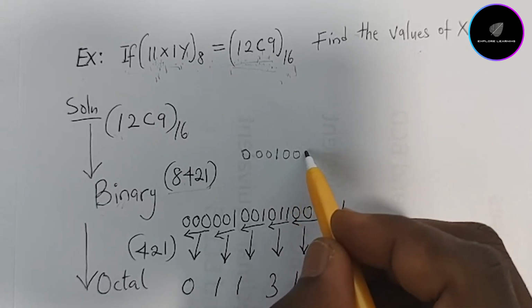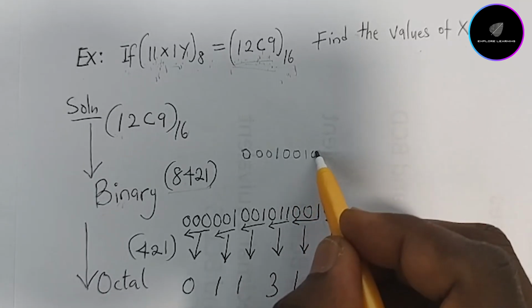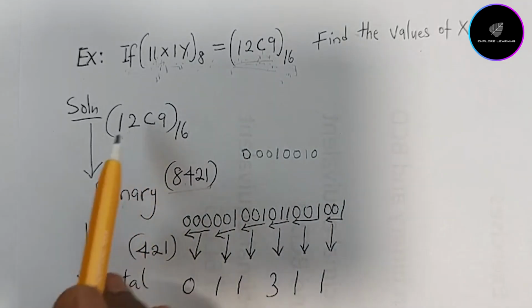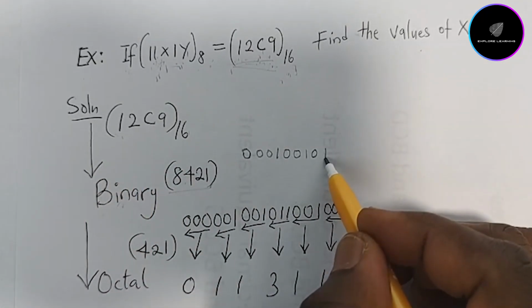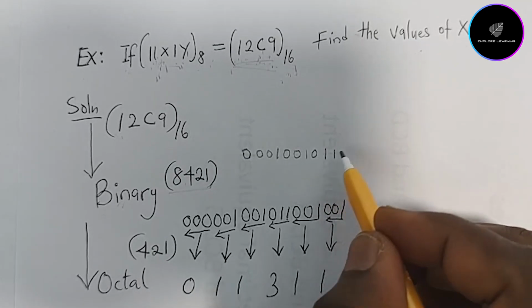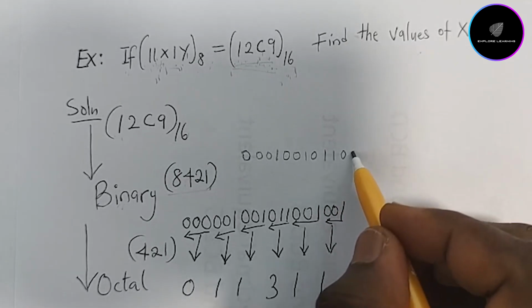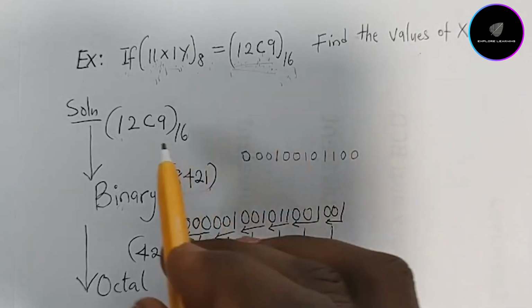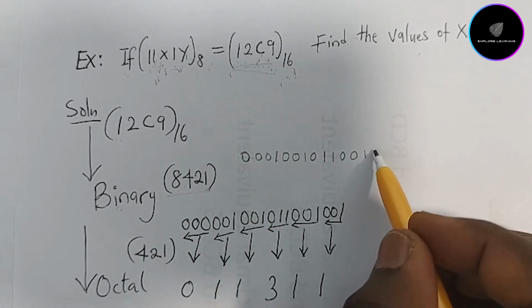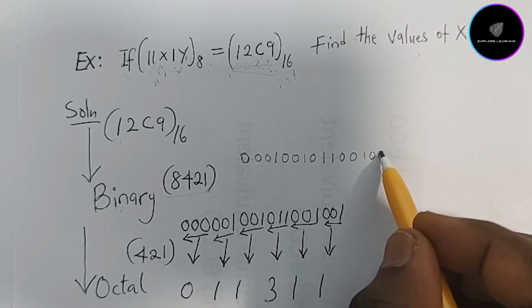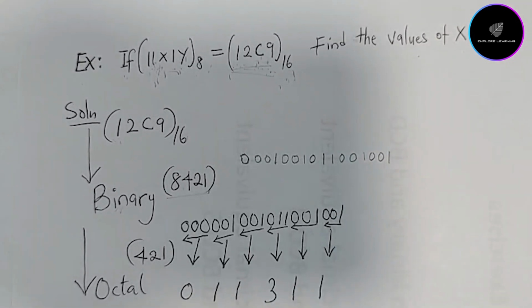C, which is 12, is going to be 1, 1, 0, 0. 9 is going to be 1, 0, 0, 1. So this is the equivalent in binary.